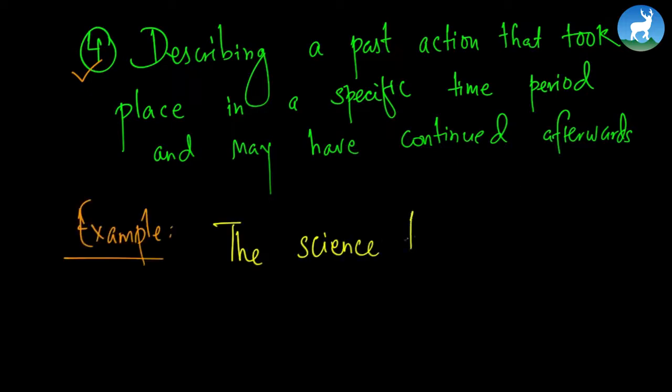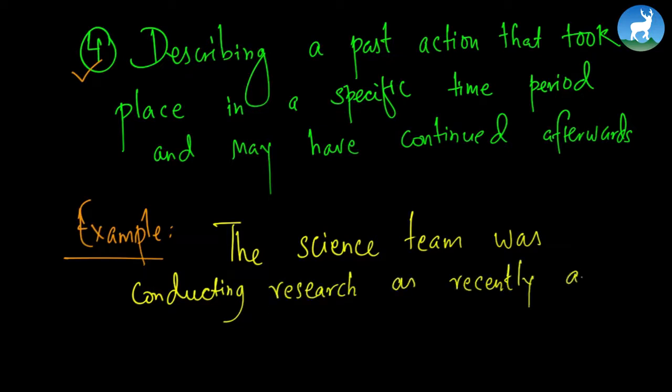The science team was conducting, I'm not using were because I'm using science team as a singular noun. The science team was conducting research as recently as last month. So the science team was conducting research. Something was going on in a specific time period and may have continued afterwards.